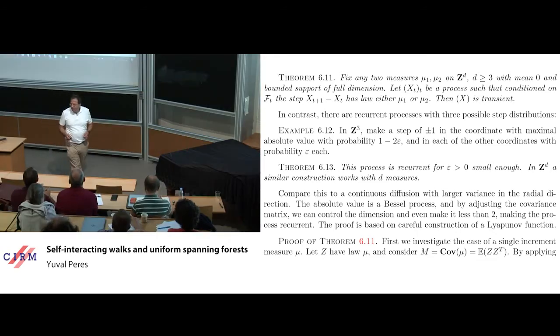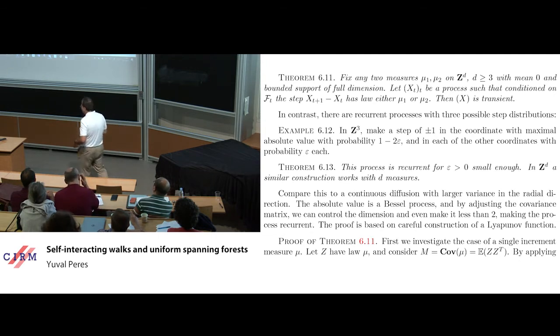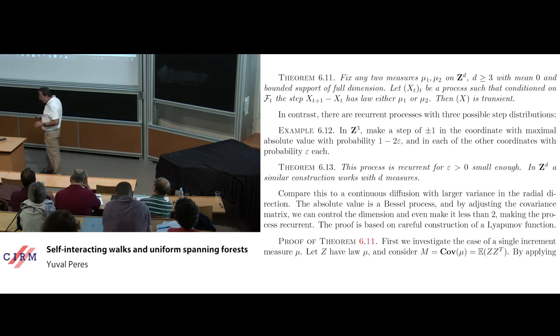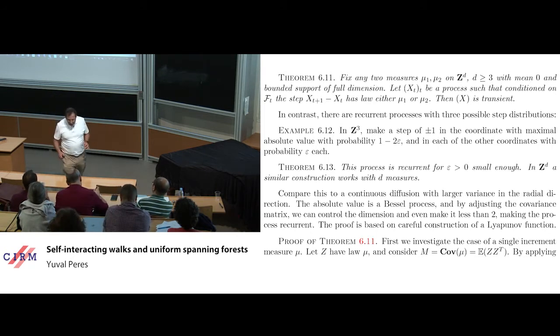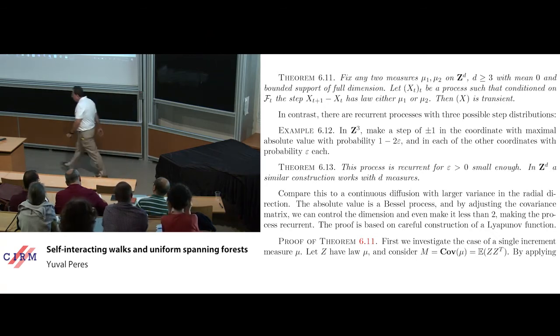This comes from a question of Benyamini, Kozma, and Shapira, who asked the following. So you have a random walk in, say, 3 dimensions, but the random walk uses 2 different measures.